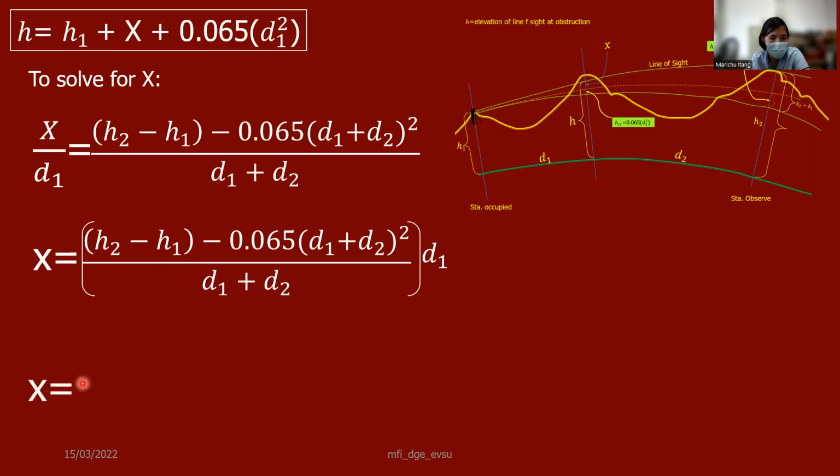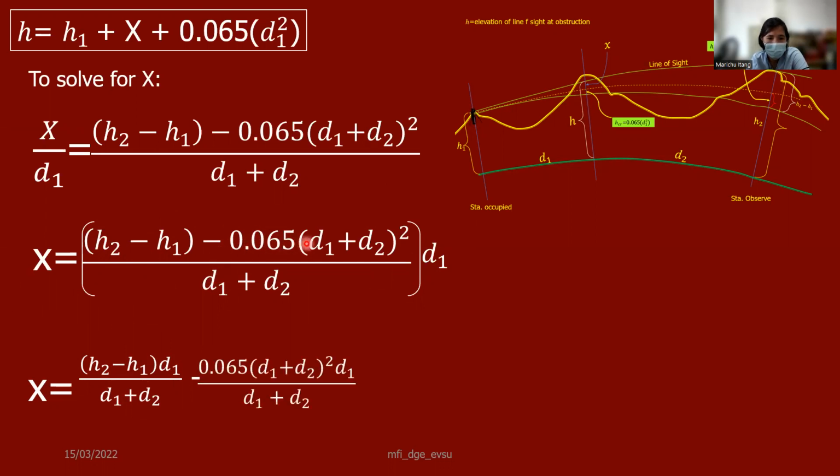So x is equal to H2 minus H1 over D1 plus D2, minus, since isi-separate natin sa minus, 0.065 copy D1 D2 squared times D1. So you multiply this one, then you copy D1 plus D2. Okay, so this is now the value of our x. Can we simplify this further?